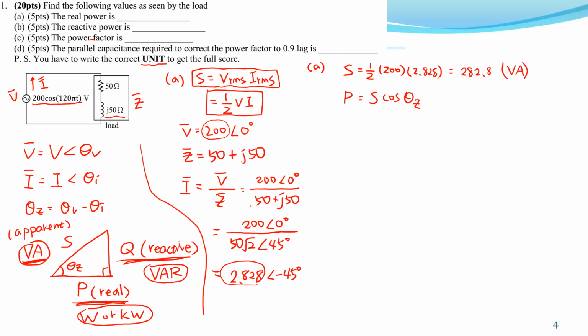This is minus 45. This is 45, this is theta z. Theta z is theta V minus theta I.